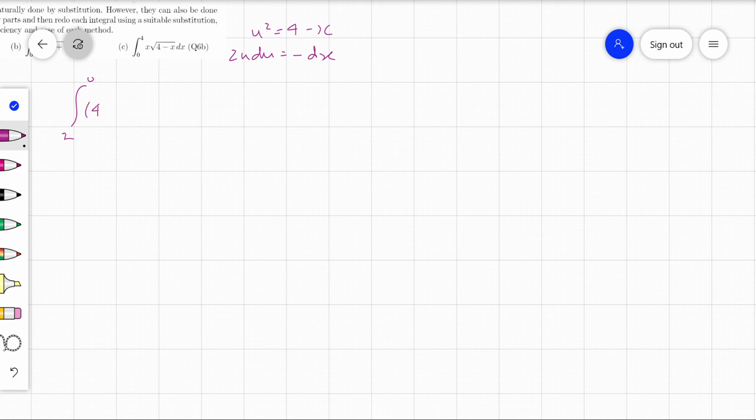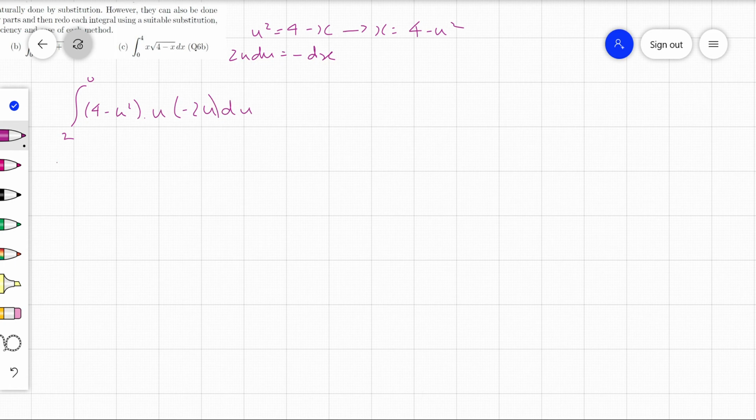x being 4 minus u squared. If I rearrange this part, x is 4 minus u squared. So I'm going to sub 4 minus u squared there. Root 4 minus x is just now u. And then dx is actually negative 2u du, right? Negative 2u du.